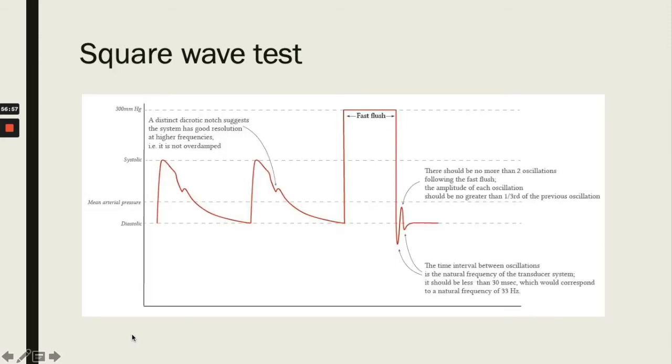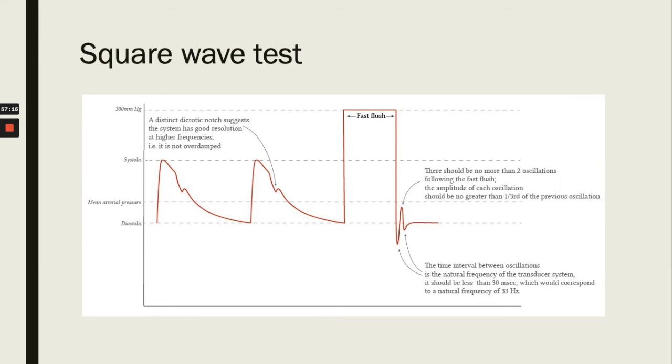Okay, so our square wave test, or our fast flush, is what most of us probably know it as. This test provides a convenient bedside method for determining the system dynamic response and assessing signal distortion.